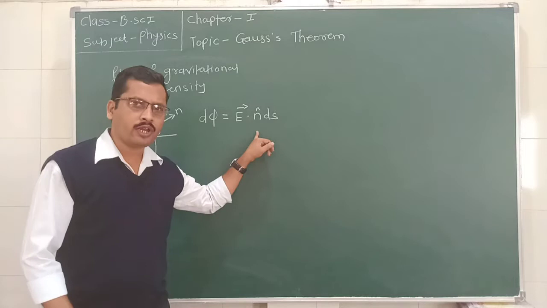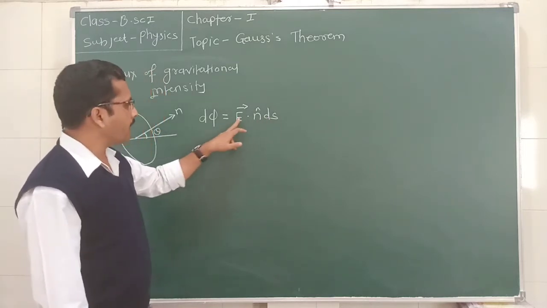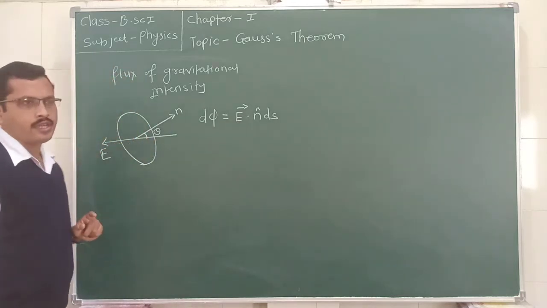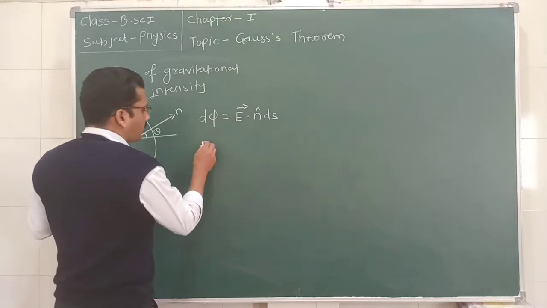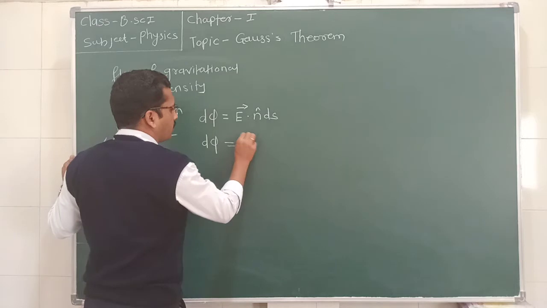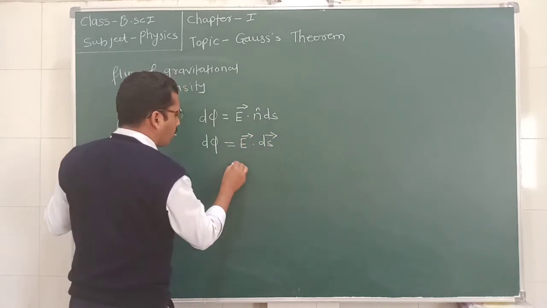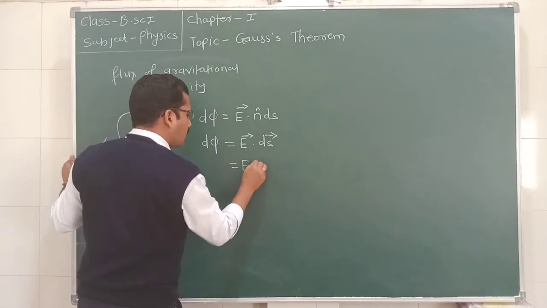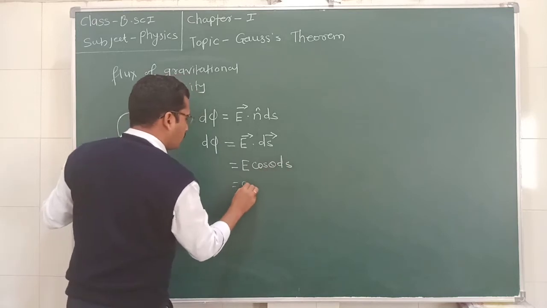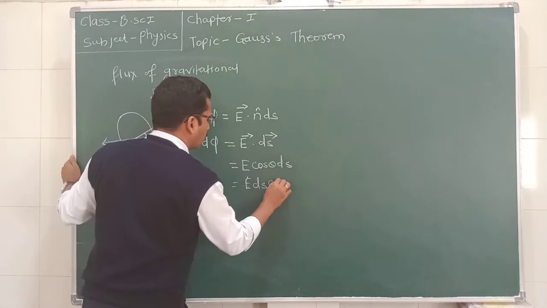So what is this n? Vector n is the unit vector which is perpendicular to the surface, and this vector E is the gravitational intensity vector. Since n is a unit vector, we can write d phi is equal to E ds cos theta.